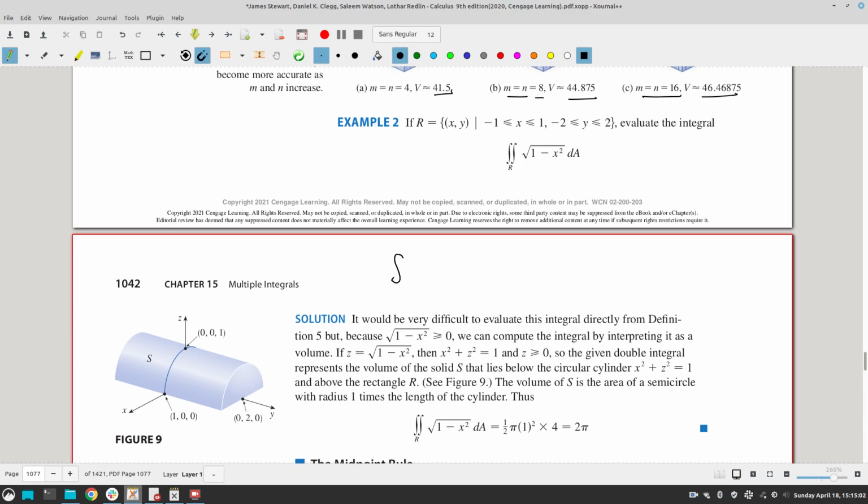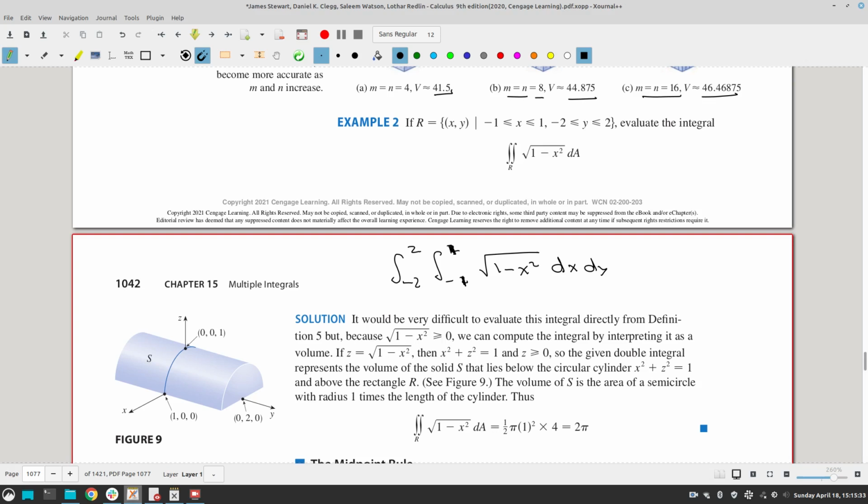Since x goes from -1 to 1 and y goes from -2 to 2, we may write this integral as the integral from -2 to 2 of the integral from -1 to 1 of the square root of 1 minus x squared dx dy. Now we can compute this integral, but it's not always the easiest integral to compute.